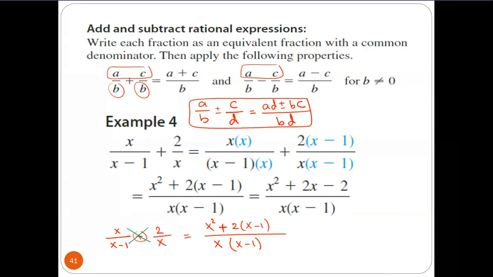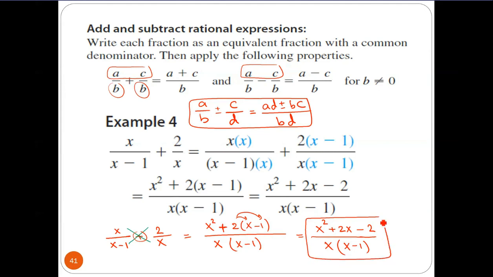Now we can put it as x square, and multiply 2 with x, 2x, multiply 2 with negative 1, negative 2, over x multiply x minus 1, like this. This is the final result directly.